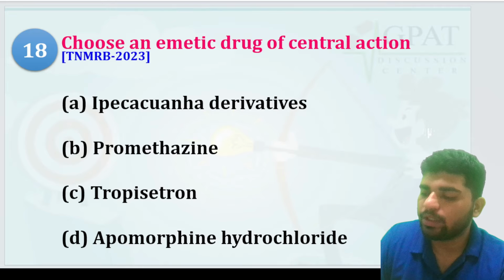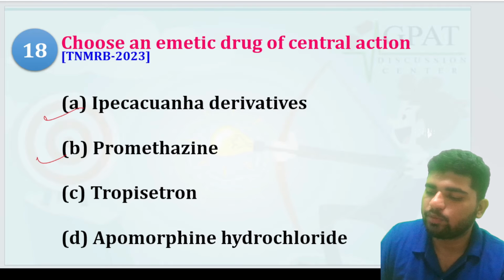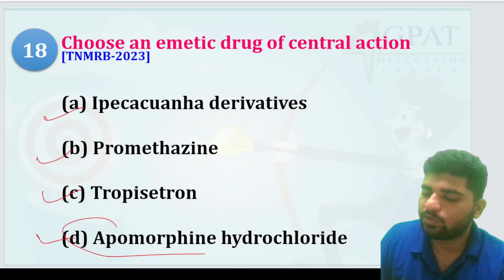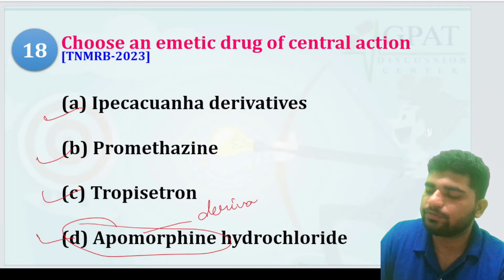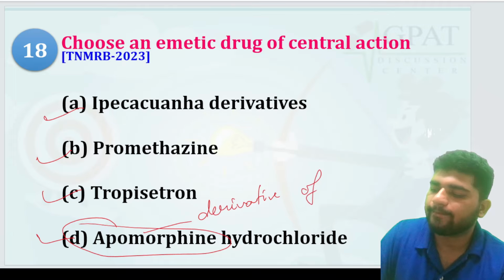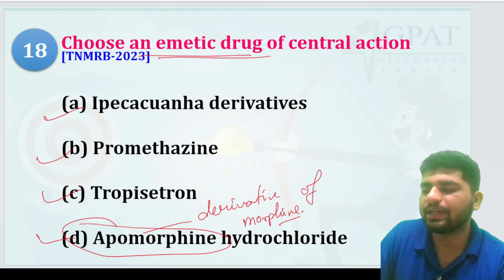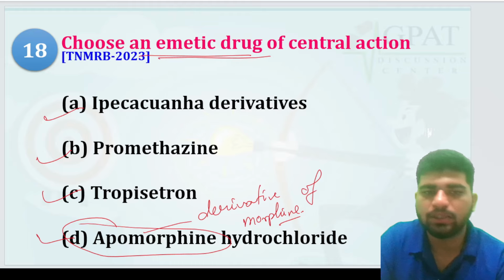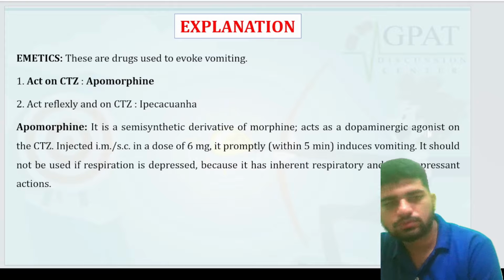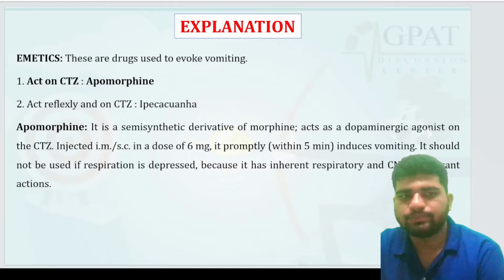It is apomorphine, because it is a derivative of morphine, and morphine is a centrally acting drug. So apomorphine hydrochloride is an emetic drug, not an antiemetic drug.